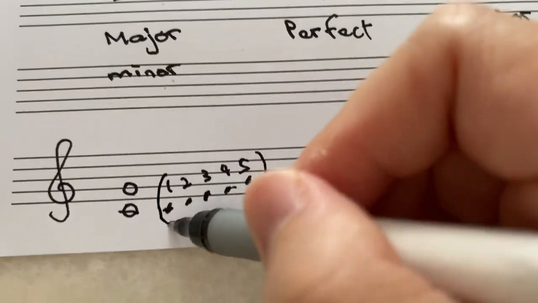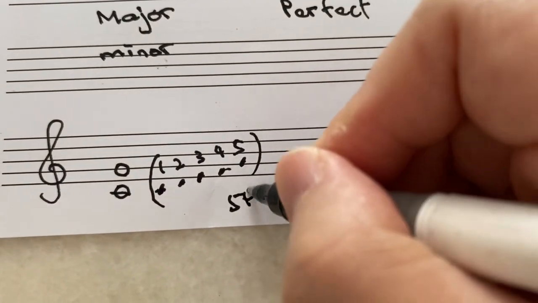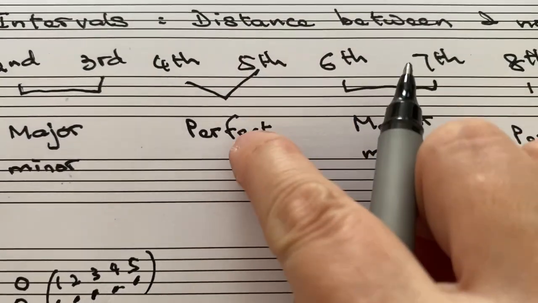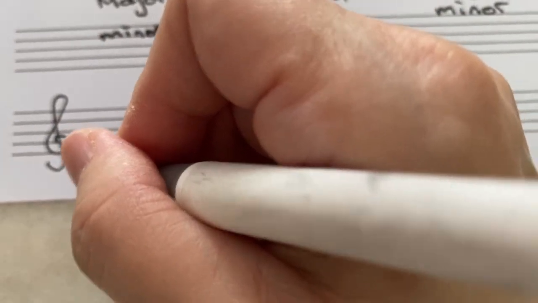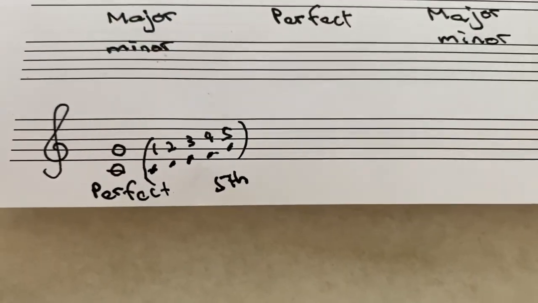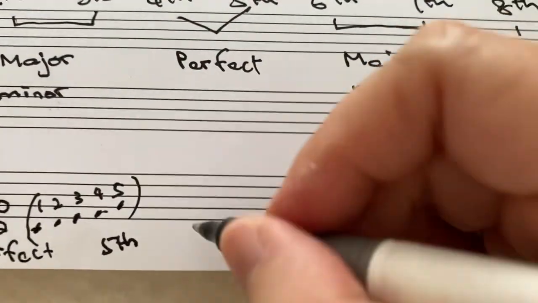That's the working I will do. So this interval is a fifth. Going back to the chart, when you have the interval of a fifth, that's perfect. Perfect fifth.